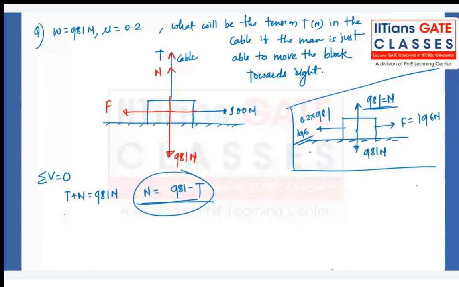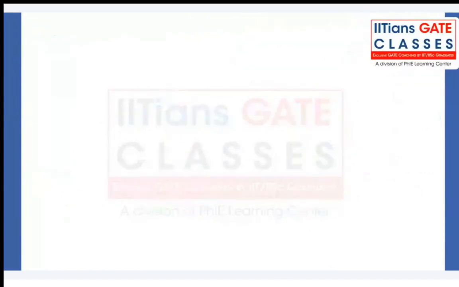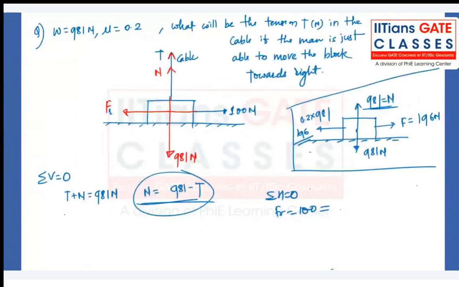Okay. And what is the frictional force? Frictional force has to be equal to 100 Newton because summation of all horizontal forces is equal to 0. So frictional force is equal to 100, and that is equal to mu into N. So 100 will be equal to 0.2 into (981 minus T).